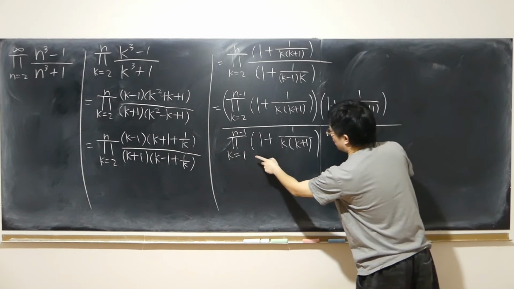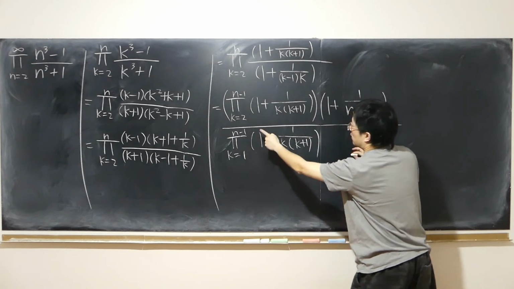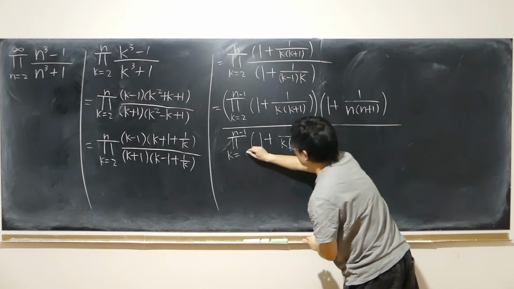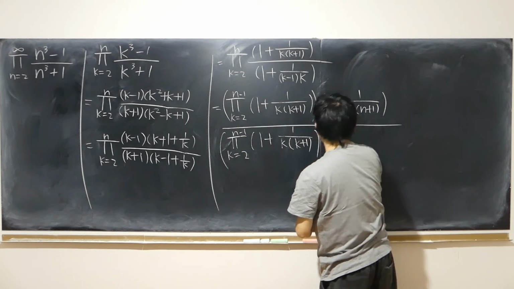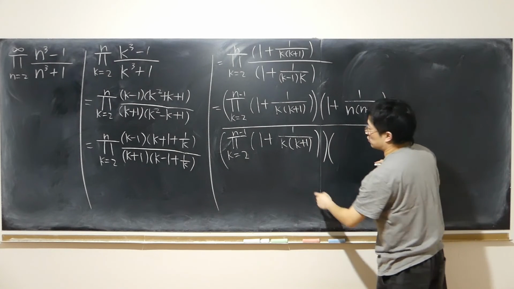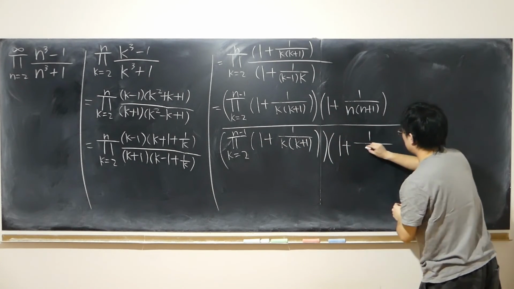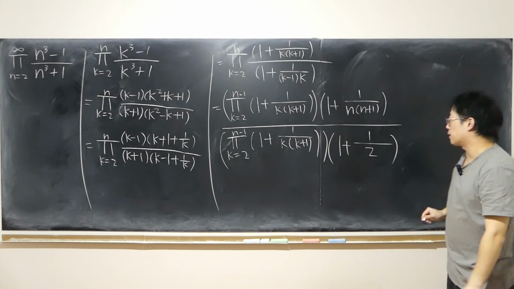Then I separate the first term, because here I only start from 2 and I also want to start from 2. The first term, k equals 1, gives 1 plus 1 over 1 times 2. Exactly the same thing.